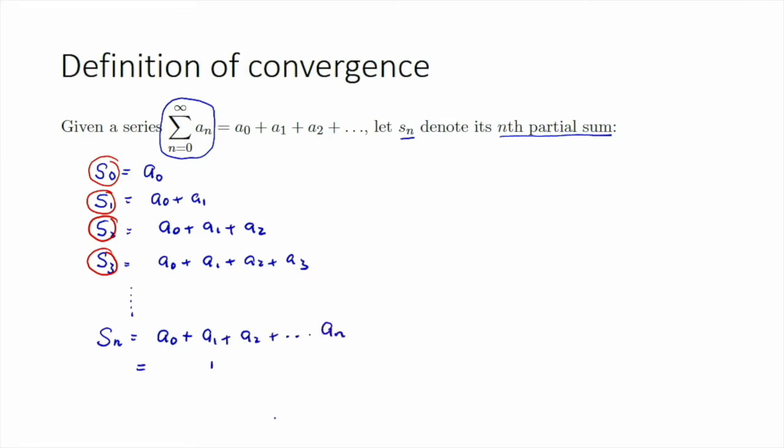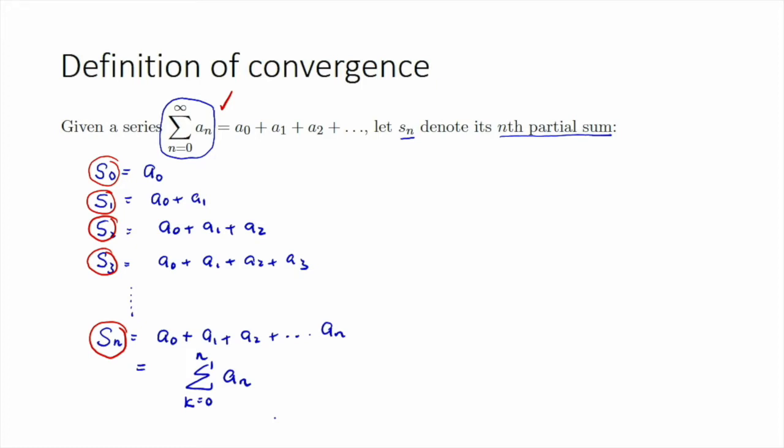And this can be written in sigma notation, k going from 0 to n of ak. And when you observe these numbers, as n gets larger and larger, if these numbers approach a particular value, then we say that this infinite series has a finite sum, and if it has a finite sum, we say it converges.